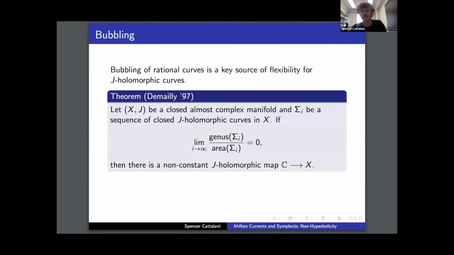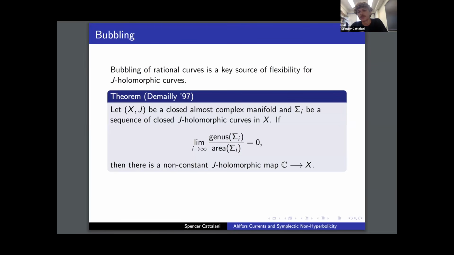The idea broadly is that the genus of a hyperbolic surface is its hyperbolic area. So if the area blows up with respect to the genus, that means that the map has some area derivative blowing up. And if you rescale near some point, you should be able to extract this complex line.